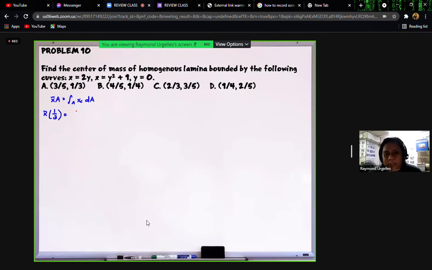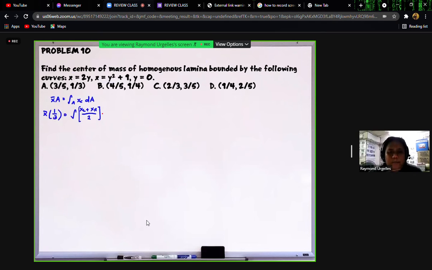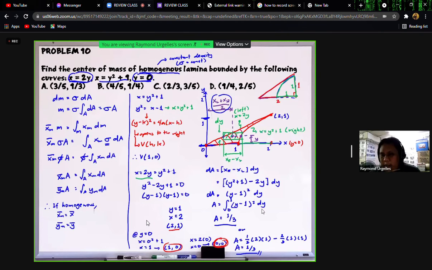The area we solved is 1/3. As for x sub c, that's x sub L plus x sub R divided by 2. Our differential area is y minus 1 quantity squared dy.